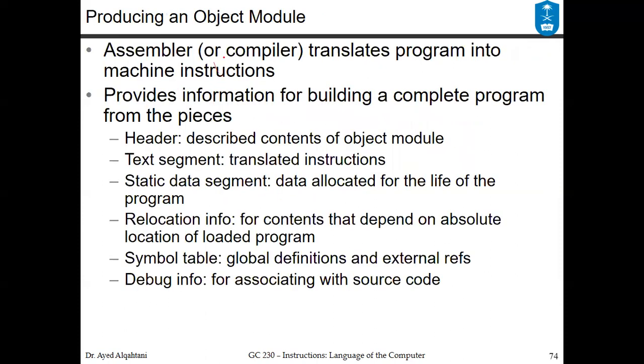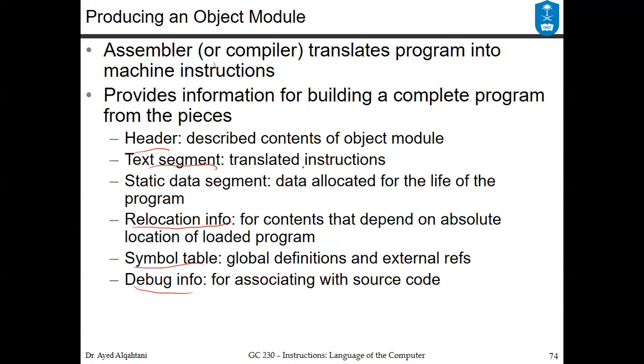Now, producing an object module, the assembler or compiler translates the program into machine instructions. It provides the information for building a complete program from pieces. There are many things, and I suggest you read your book for details. There is a header, a text segment, static data segment, relocation information, symbol table, and debug information. The header describes the content of the object module.